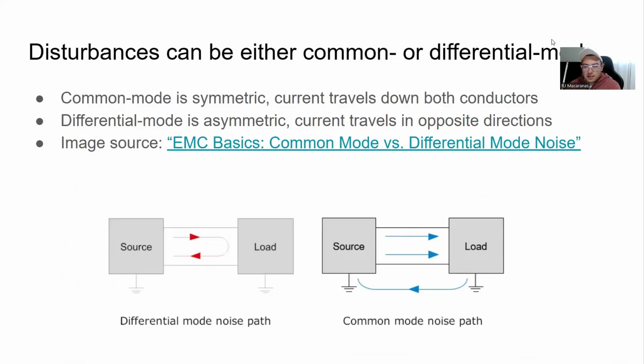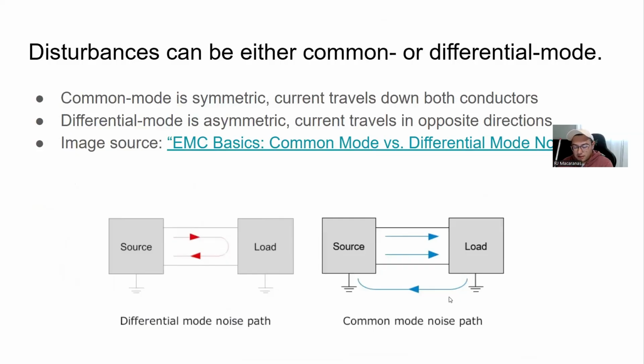And so these disturbances can either be common mode or differential mode. Common mode noise, as you can see here on the right, has a symmetric pattern in the sense that all the current is flowing in the same direction and it's returning through this common ground here.